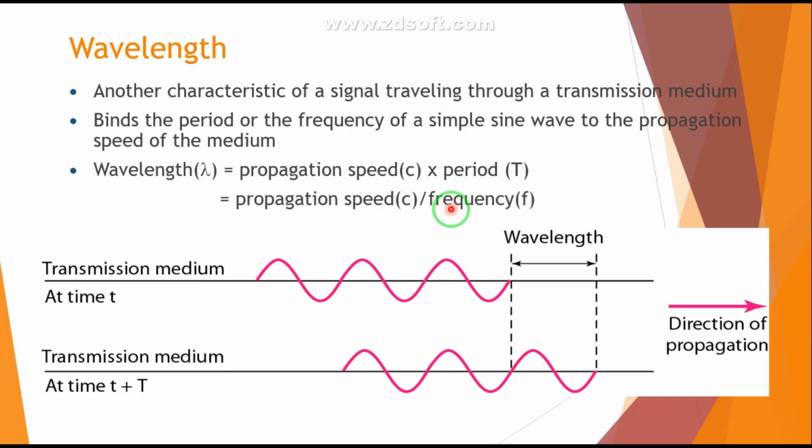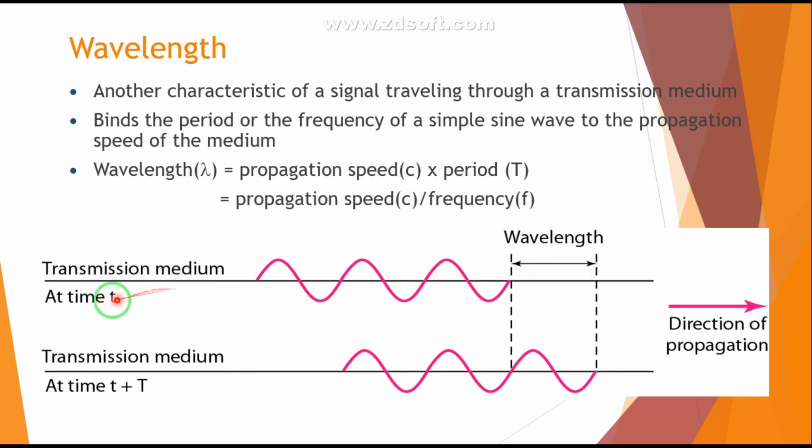And you can see a signal which is traveling, a light wave, is traveling with the speed of light, that is 3 into 10 raised to 8 meter per second. That's why we have denoted it by c. You can see from the figure how you are going to represent the wavelength.